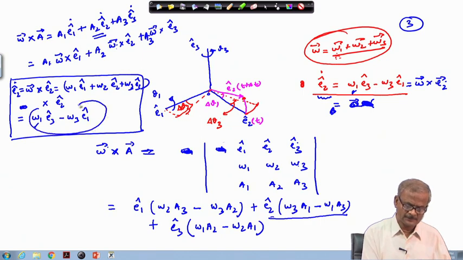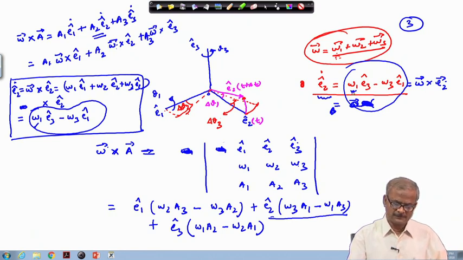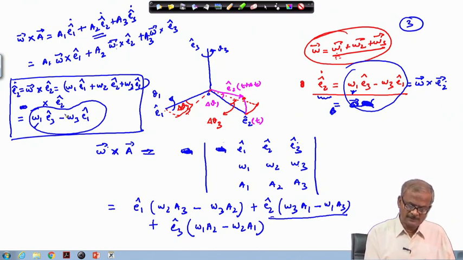If you look at this equation and this place, omega 1 is the first term in both, E3 is the same thing, and omega 3 E1 cap is here. So this quantity E2 cap dot is nothing but omega cross E2. This way the other terms can also be written.